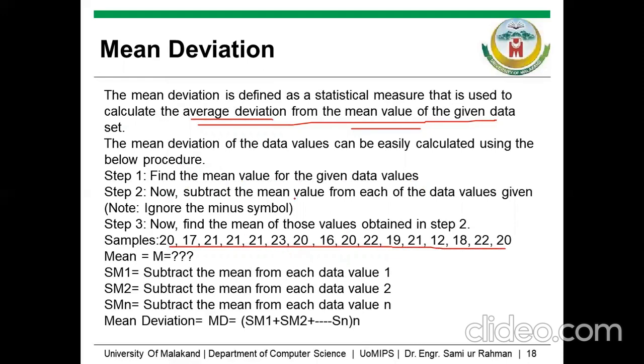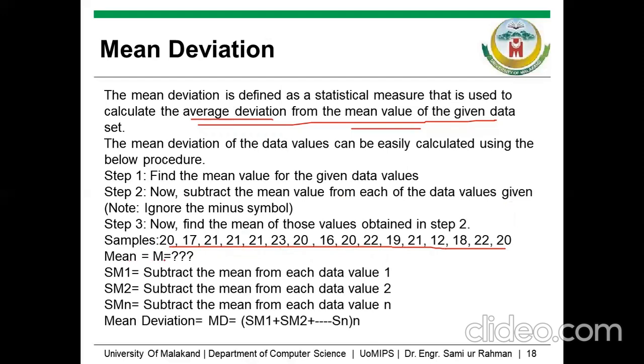Now subtract the mean value from each of the data values given. So we will have the mean, and we will subtract the mean from 20, the mean from 17, the mean from 21, the mean from 21, the mean from 21, and the mean from 23. So the mean will be subtracted from each of these values.